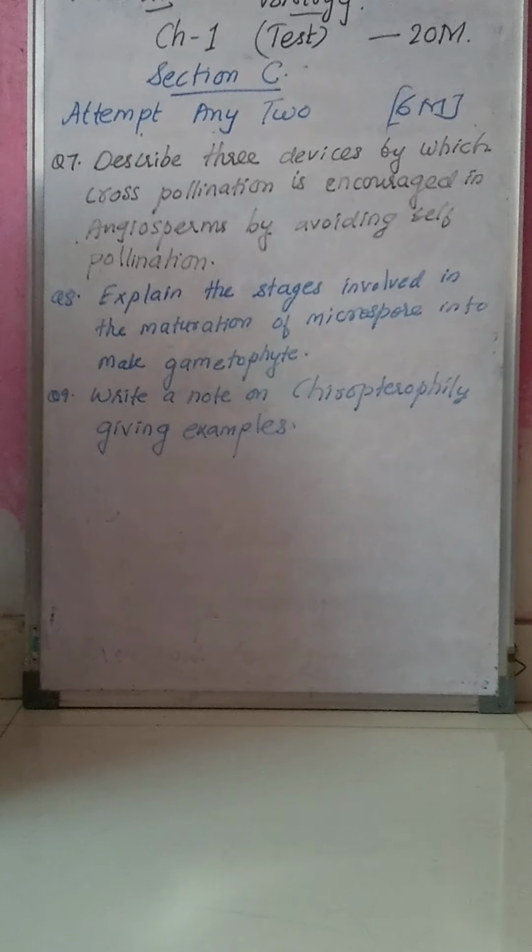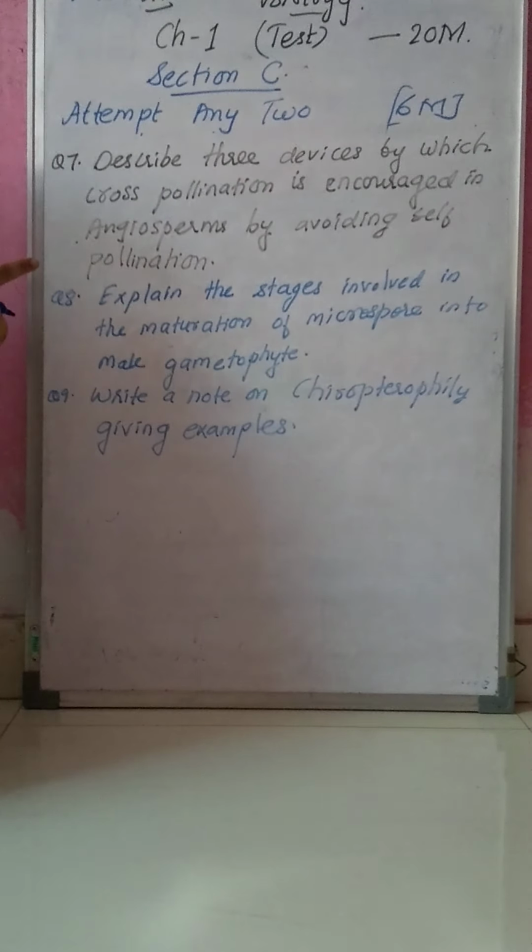You have to describe the devices with the help of which cross-pollination is encouraged in angiosperms by avoiding self-pollination. So self-pollination is avoided and cross-pollination is encouraged. So here you have to describe the 3 devices with the help of which cross-pollination is encouraged.